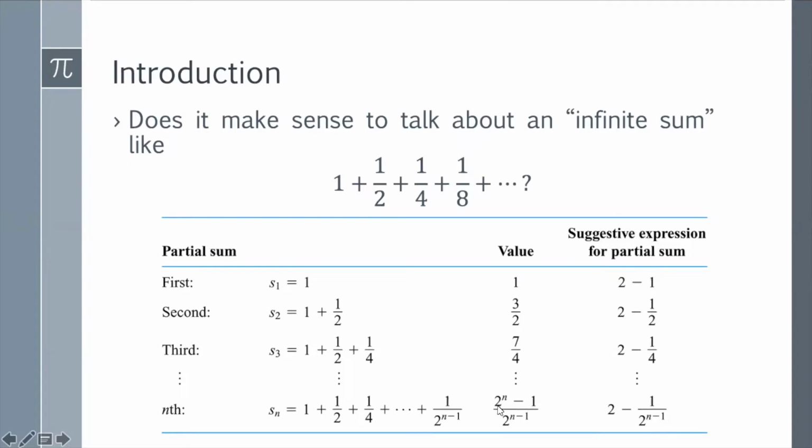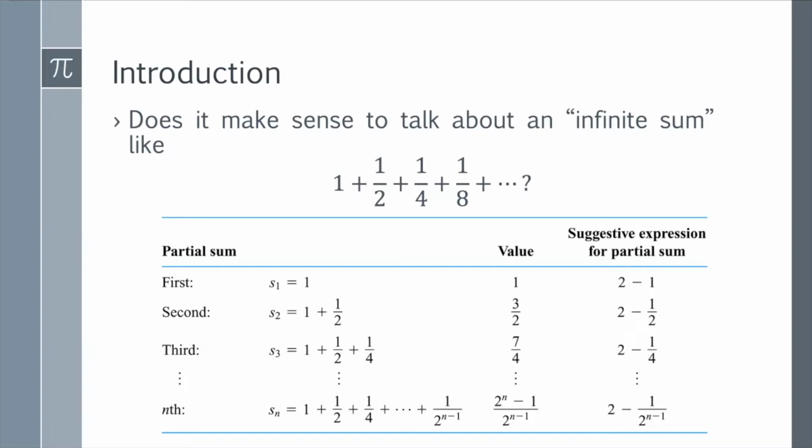And for the nth partial sum, notice that you can take this expression here and break it into two fractions. 2 to the n over 2 to the n minus 1 is 2, and then minus 1 over 2 to the n minus 1.